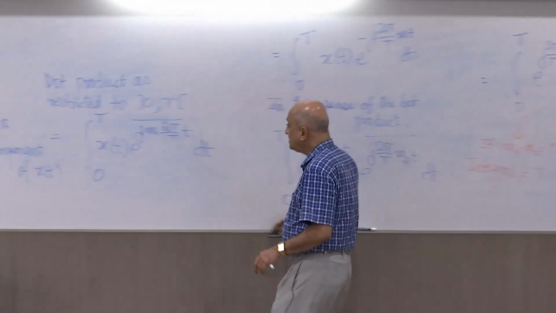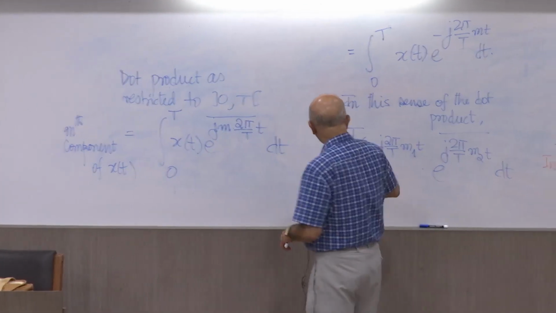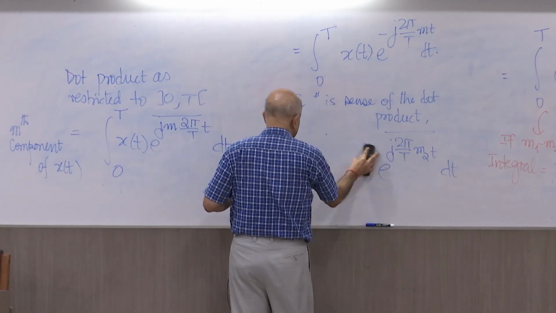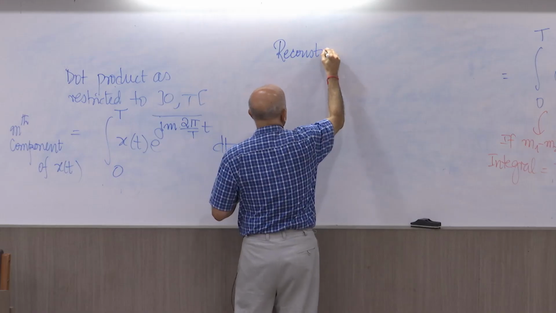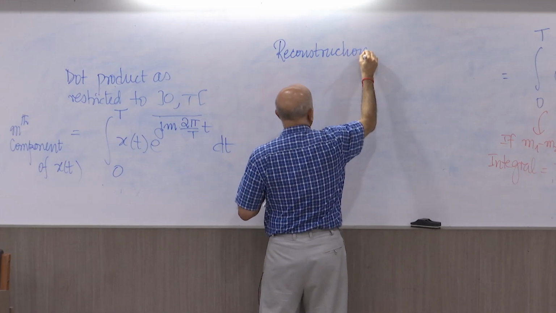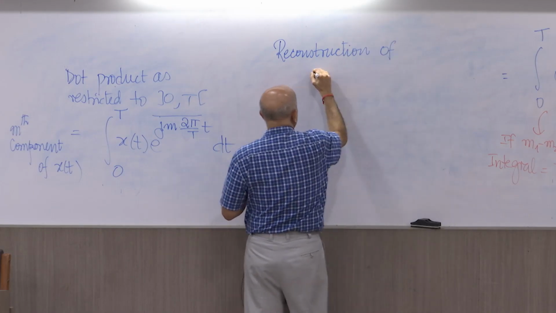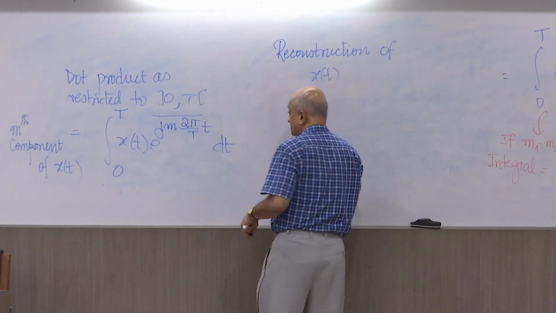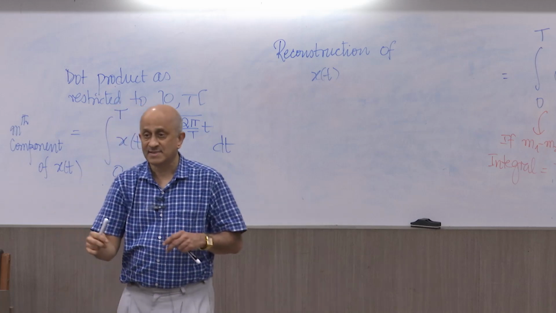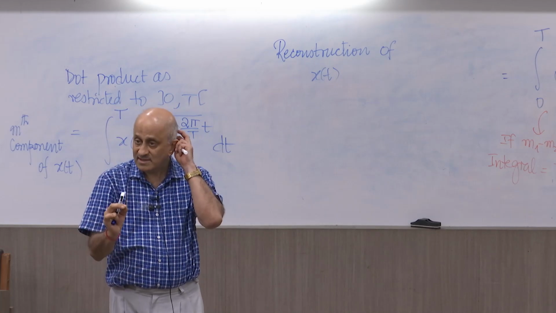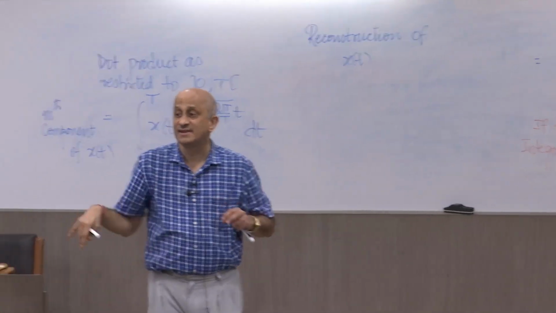So now it's very easy to reconstruct x(t) from its orthogonal components. So, reconstruction. Suppose you have a number of perpendicular components and I tell you the component of the vector in each of these directions.